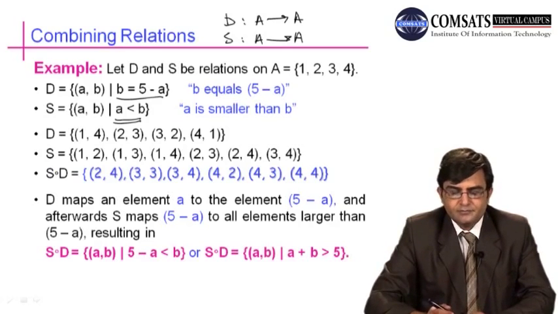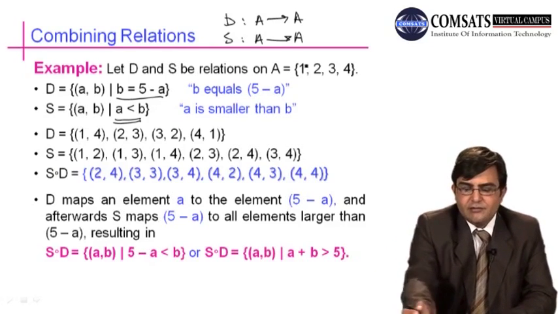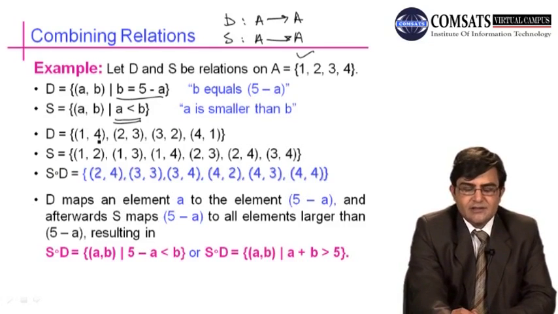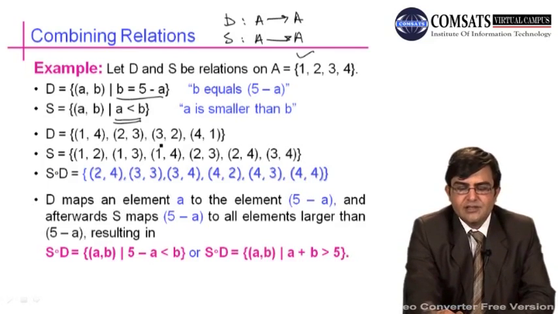Now first of all, we shall determine the elements of D and S. By choosing a to be 1, the first element of A, the second element must be 5 minus 1, which is 4. If we choose 2, then it must be 5 minus 2, which is 3. If we choose 3, then 5 minus 3 is 2, and for 4, 5 minus 4 is 1.